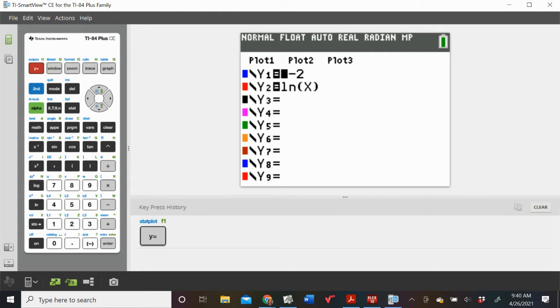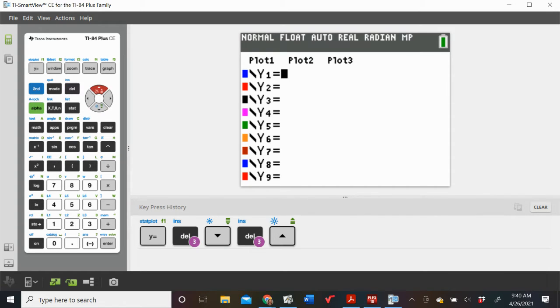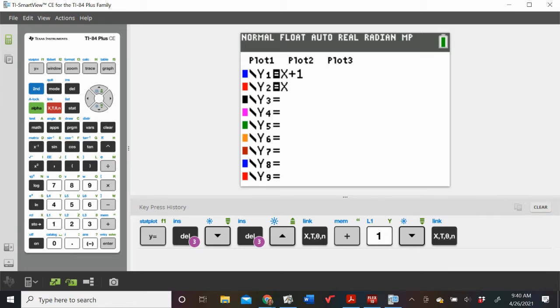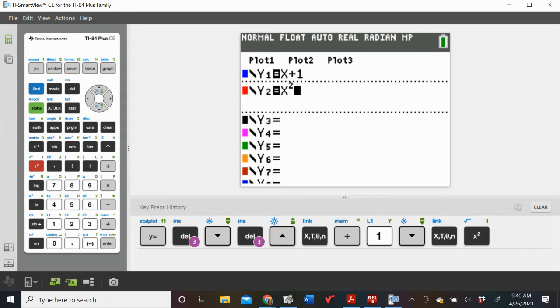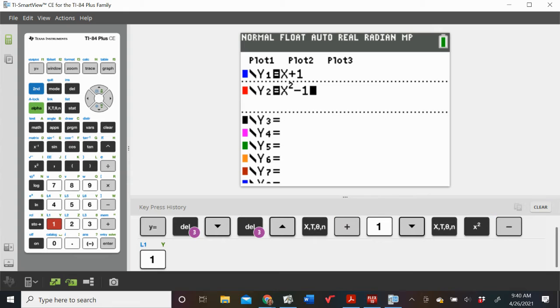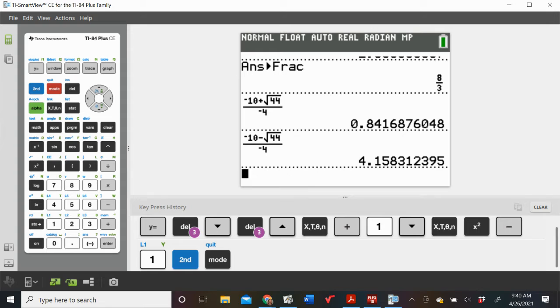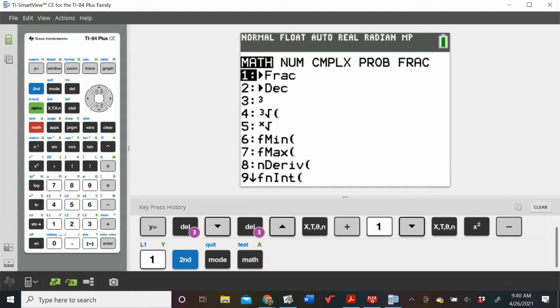So going to y equals x plus 1, next x squared minus 1. Okay. And then I'm going to go ahead and quit. I'm going to hit math and 9.